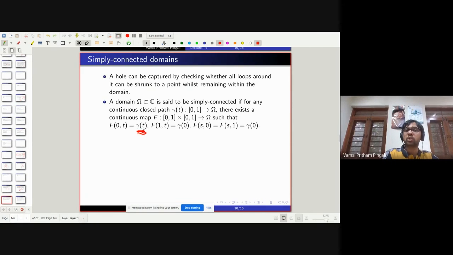At time t equals 0, it's the original map. At time t equals 1, it is simply this fixed point. And at every point of time, the endpoints are always this fixed point. So these things look like this. So a domain is said to be simply connected if this happens.